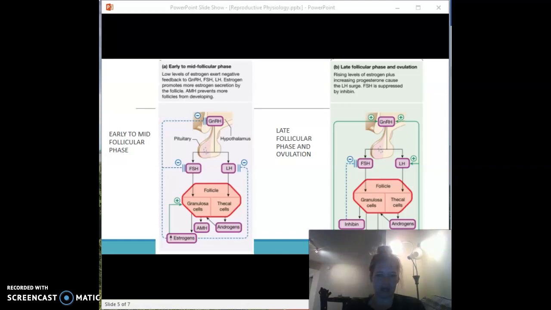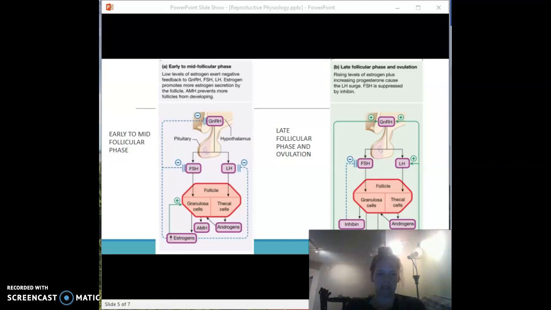So you can see that negative feedback is with the blue arrows going back up to LH. The green arrows indicate positive feedback. So on the lower left side, you can see that estrogen stimulates more estrogen production by the granulosa cells, which allows for more estrogen production, even with the lowering of FSH and LH levels by the negative feedback.